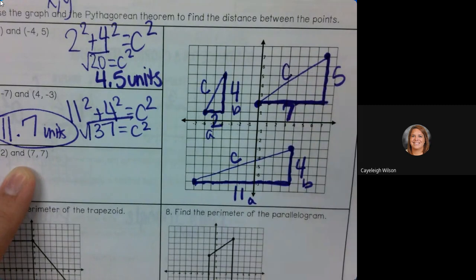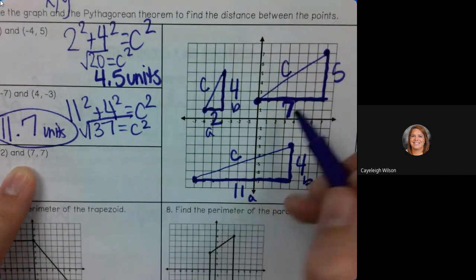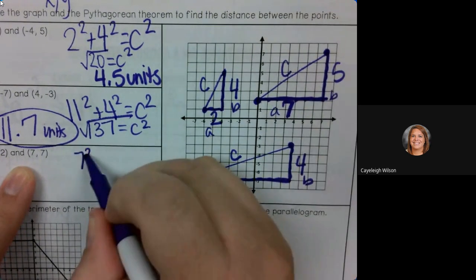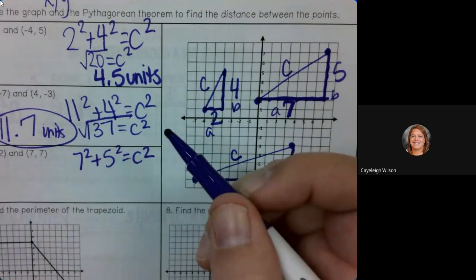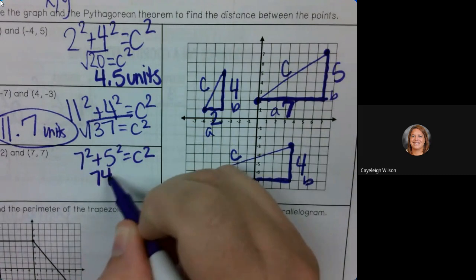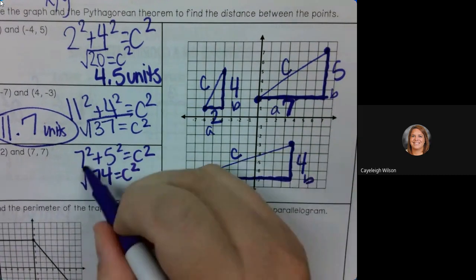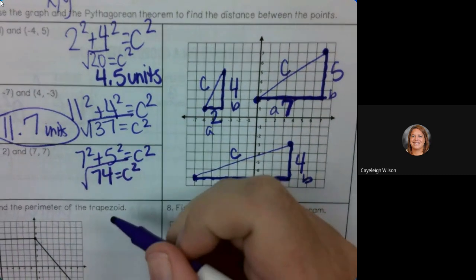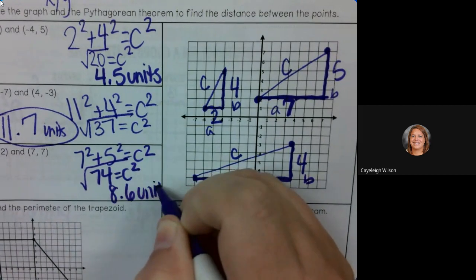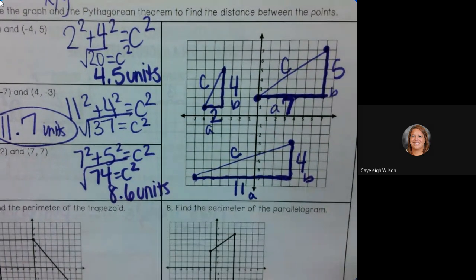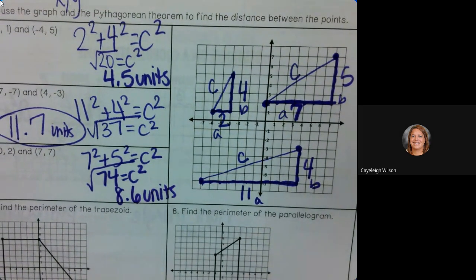And find my hypotenuse C. So my A and my B. So 7 squared plus 5 squared equals C squared. So I get 74 equals C squared. And then I'll square root that. And I get 8.6 units. All right. Hopefully that makes sense to us.